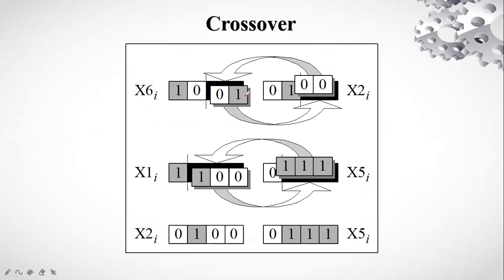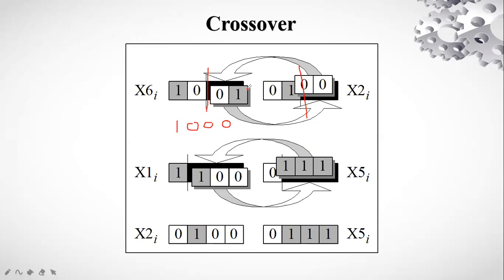Now we will see, this is just an example of crossover operation. Let's say these are the two strings. I have selected this side. And what will I do? 01 will be moved to this place and 00 will be moved to this place. So what will be the new children? It will be 10, and when 00 is moved here, it will be 00.